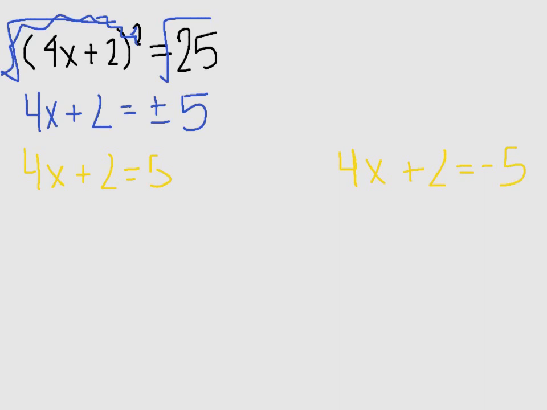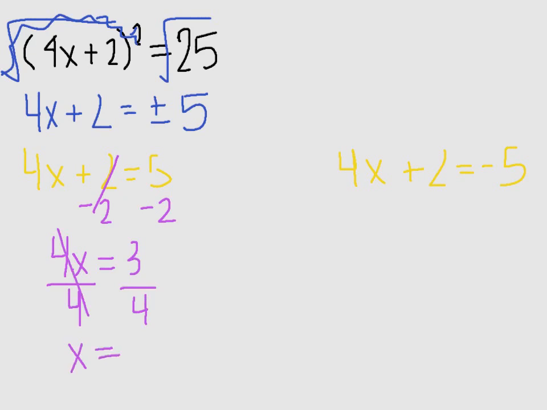In order to get rid of the plus 2, I subtract 2 to both sides of my equal sign. My 2's cancel, and I'm left with 4x equals 5 minus 2, which is 3. And finally, in order to get rid of that times 4, I divide by 4 to both sides. My 4's cancel, and I get x equals 1.3 for one of my x values.